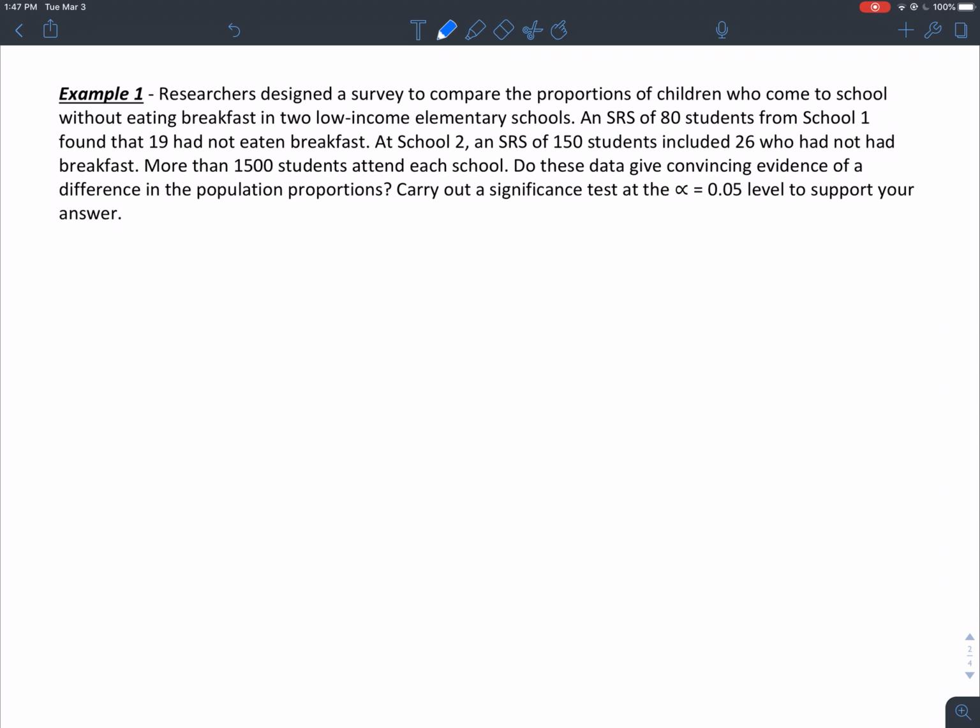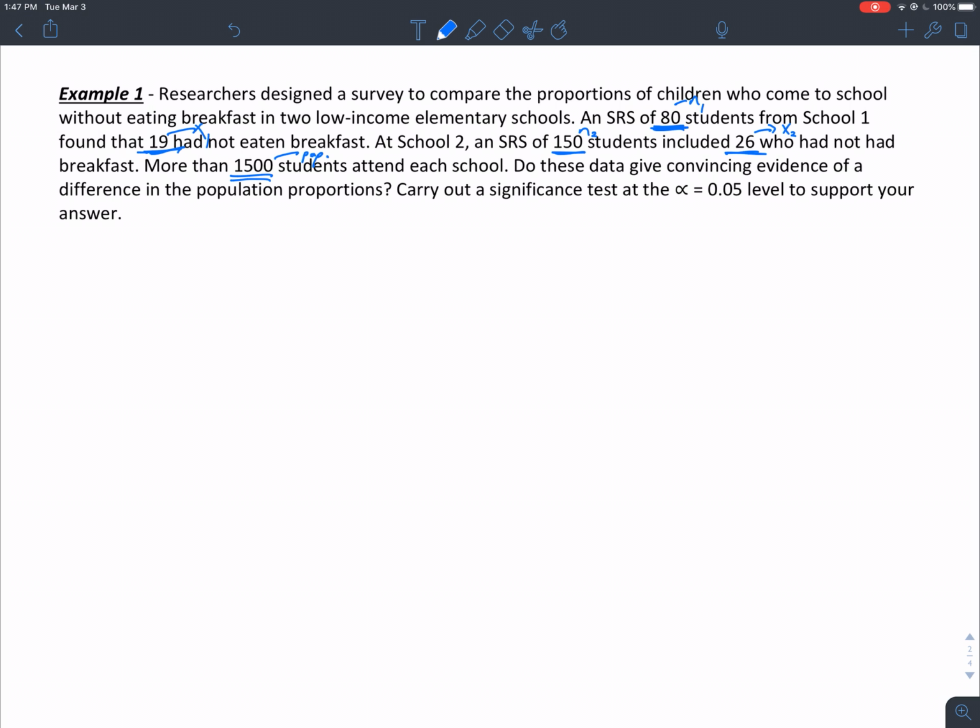An SRS of 80 students from school 1 found that 19 had not eaten breakfast. So there's my sample size for the first one, and here's my X value, our success count, X1. At school 2, an SRS of 150, so this is my small n1, this is my small n2, included 26. This is my number of successes from the second sample who had not had breakfast. More than 1,500 students attend each school. That's my population size.